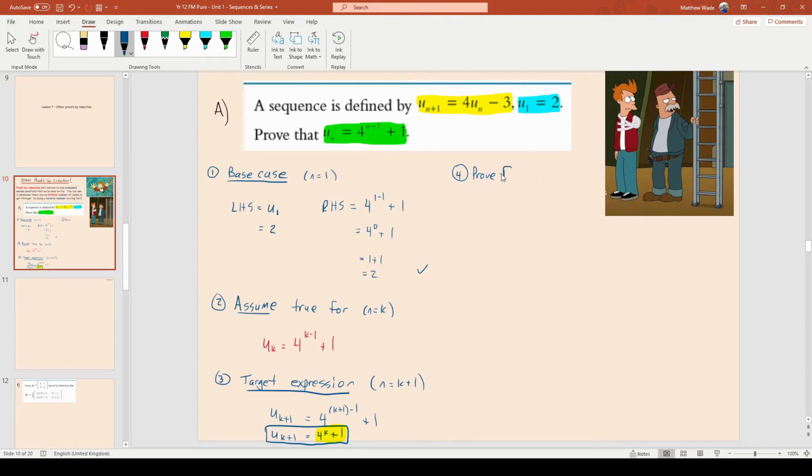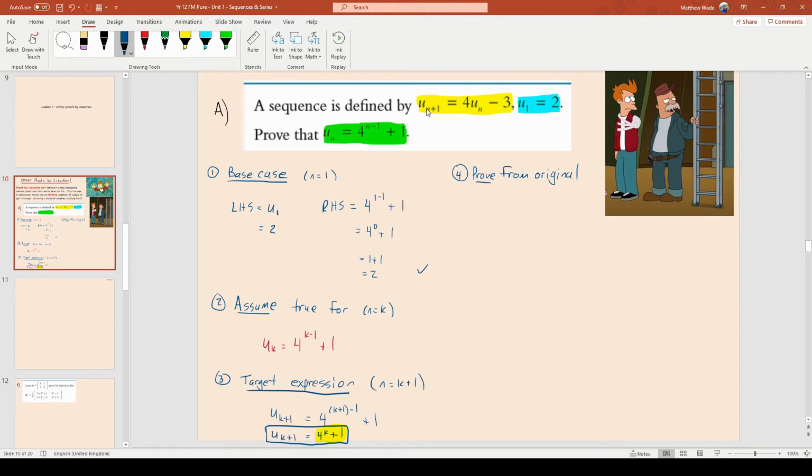Prove from... I usually put left-hand side for the series ones, but we're proving it from the original thing. I'm going to write original this time. We know for sure this is a fact, what's in the yellow.